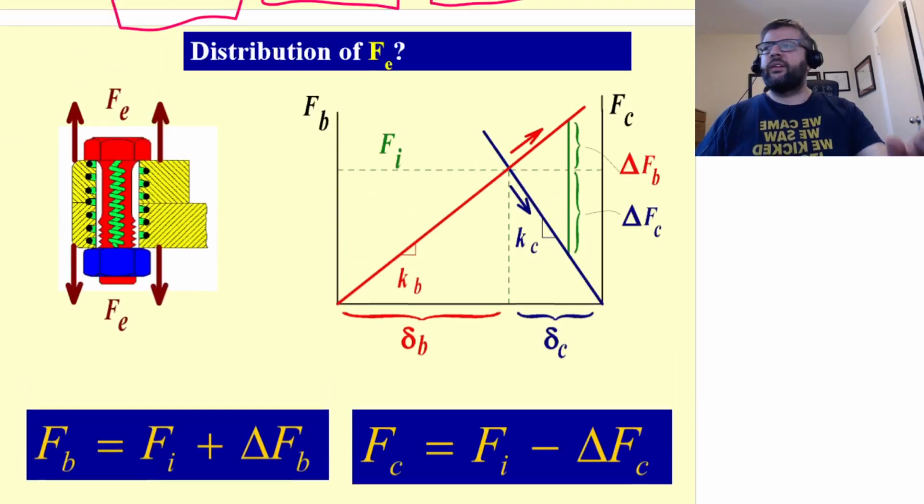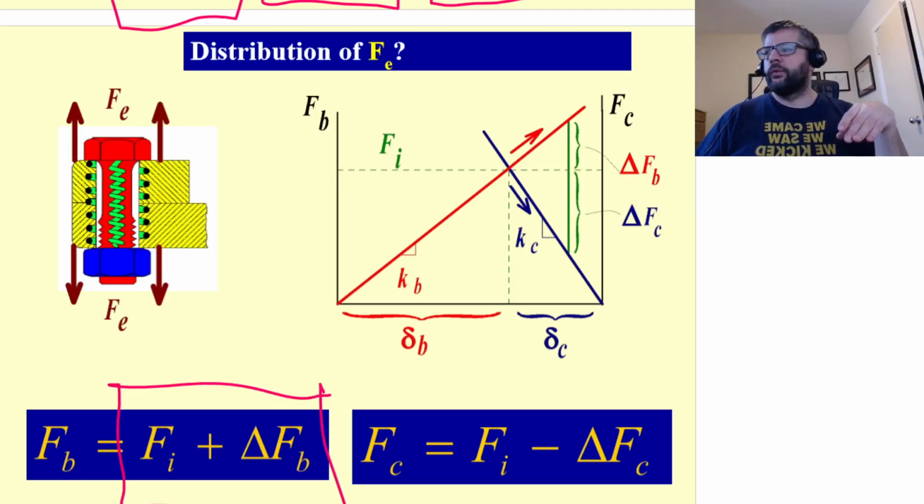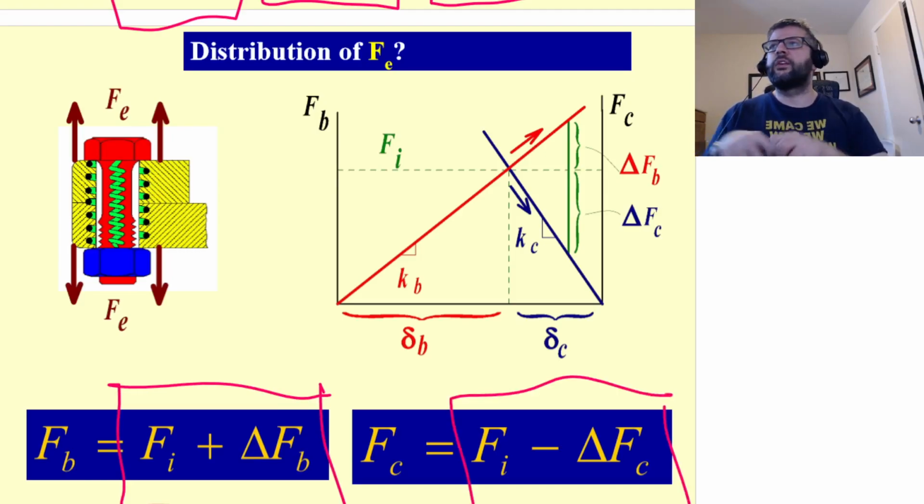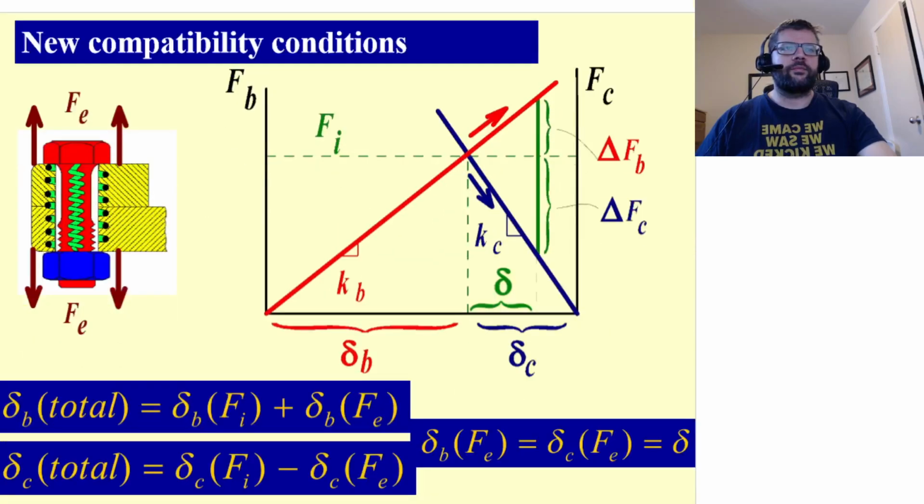So how does that get distributed? Well, that depends upon the relative stiffnesses. You're going to get a certain amount of it going towards the bolt, and a certain amount going towards the decrease in the compression of the joint.